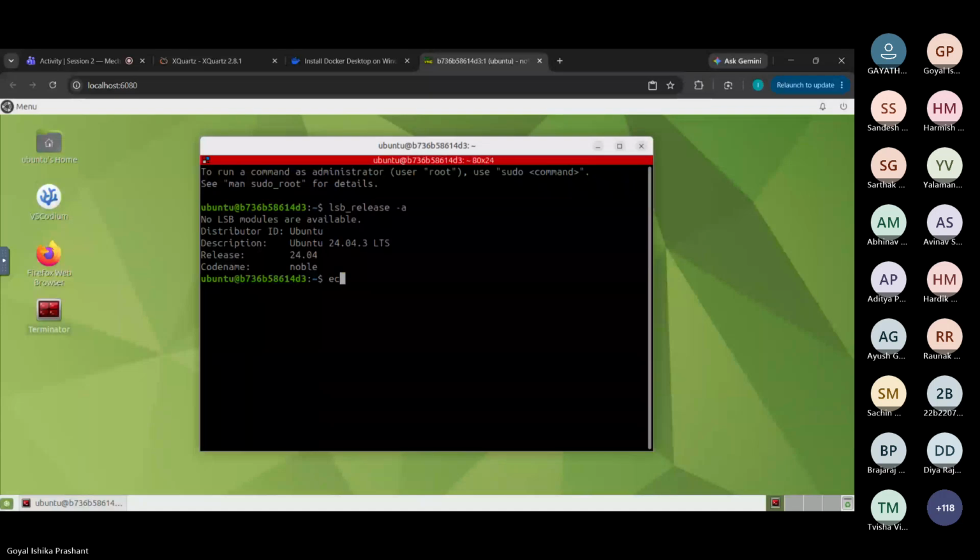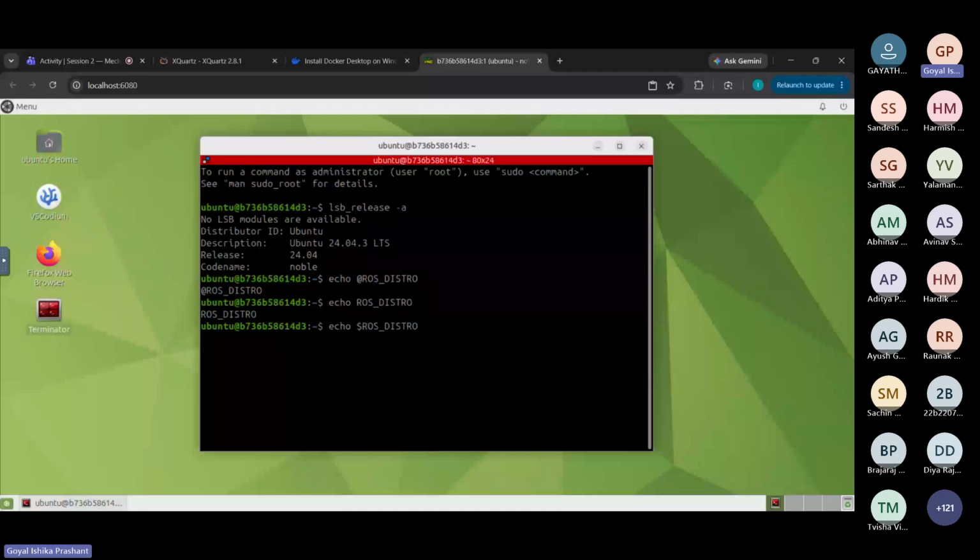Then the particular ROS distributor that we're using is Jazzy.